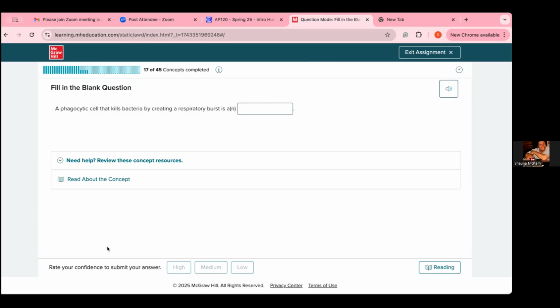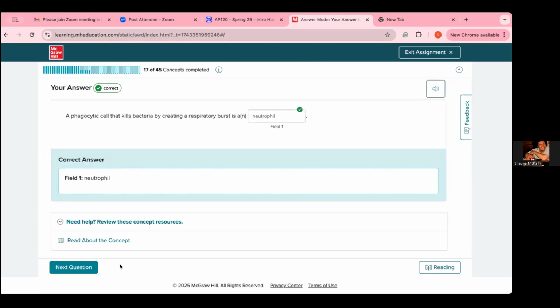This is a key part of the innate immune response. Neutrophil is the word. Nice.